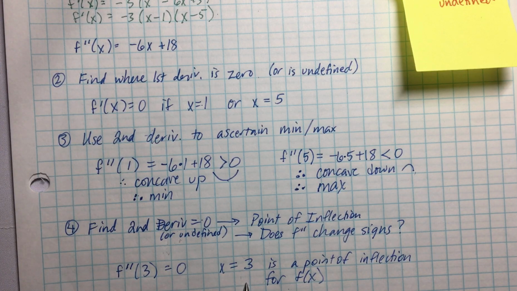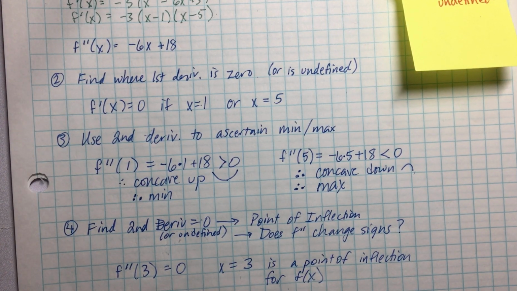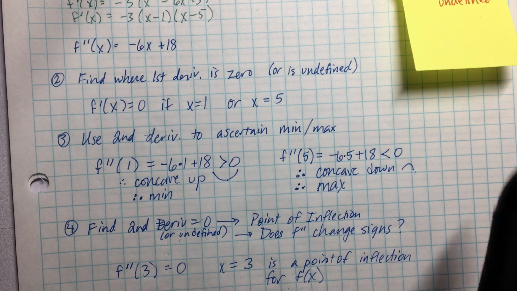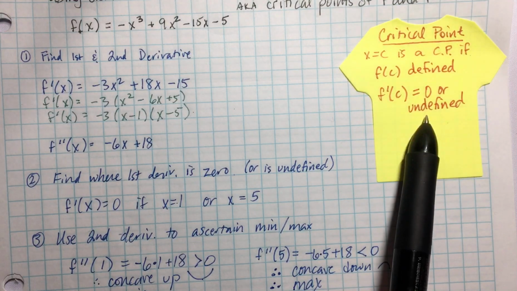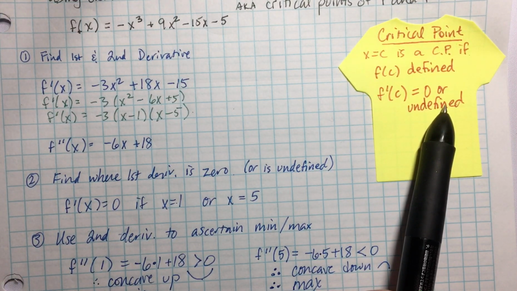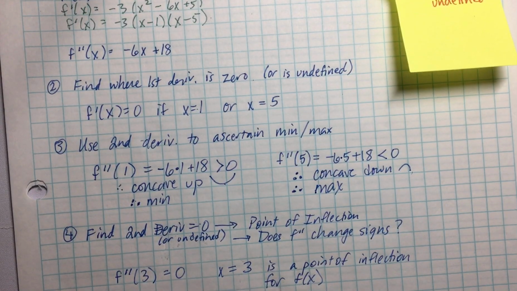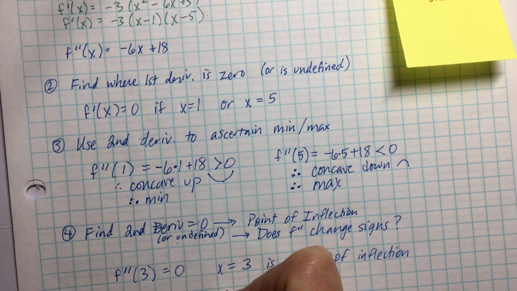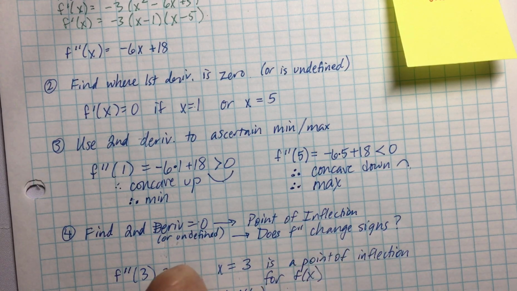Now, this is a careful detail. X equals 3 is a critical point of f prime, because that's where f prime equals 0. It's where the derivative of f prime is 0. But x equals 3 is not considered a critical point of f, because a critical point of f, remember, is only where f prime is 0 or undefined. So as a note, x equals 3 is a critical point of f prime of x.